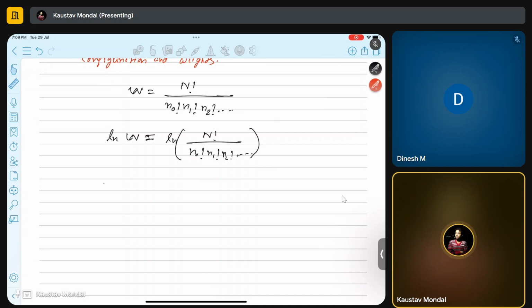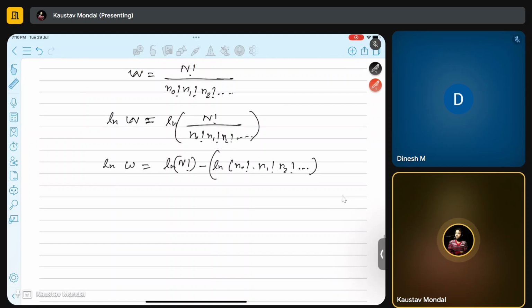Now we can write ln W as ln n factorial minus ln of n0 factorial times n1 factorial times n2 factorial, like this.